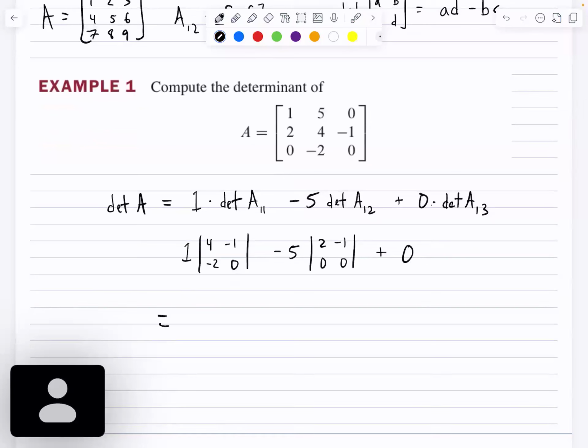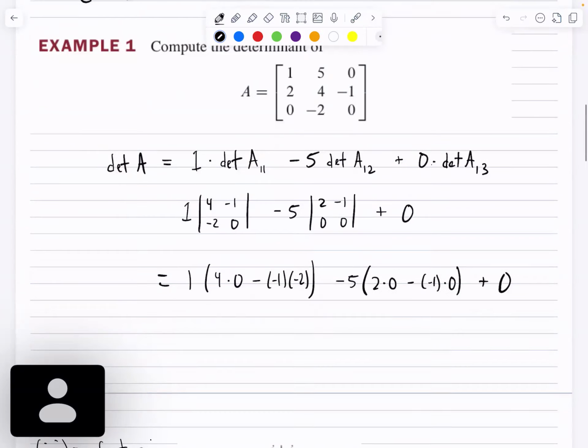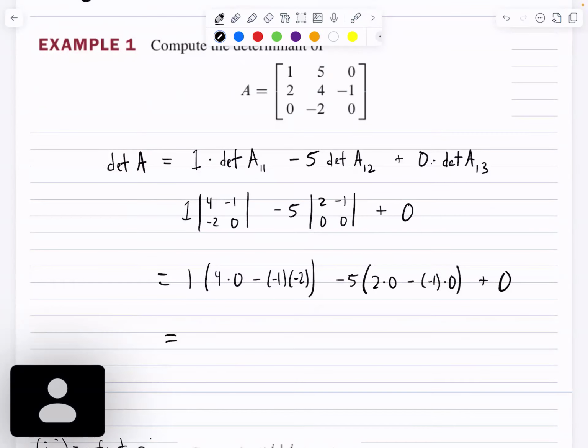To compute this, it's 1 times (4 times 0 minus -1 times -2), minus 5 times (2 times 0 minus -1 times 0), plus 0. So the first determinant ends up being negative 2, and the next is 0, and the last is 0, so those go away.